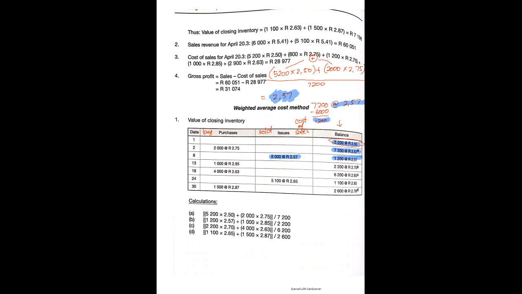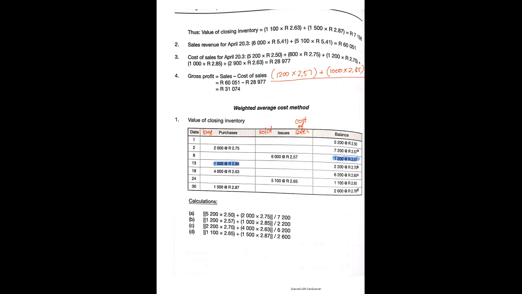We now had 1,200 at 2 Rand 57 and we purchased 1,000 at 2 Rand 85. So you'll say 1,200 times 2 Rand 57 was there already, plus we purchased 1,000 at 2 Rand 85.